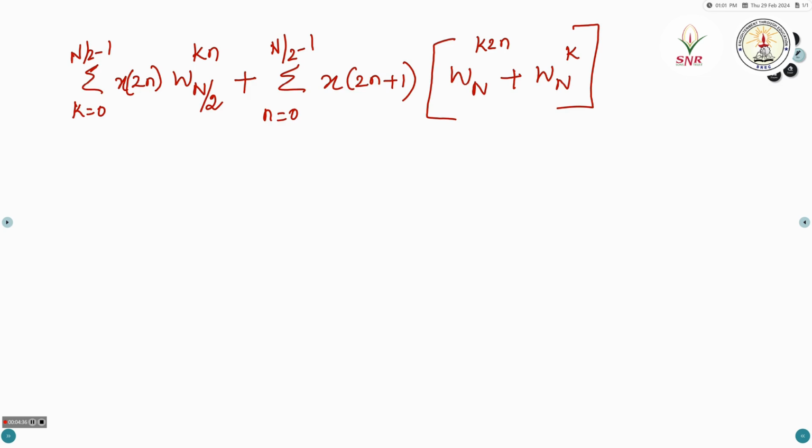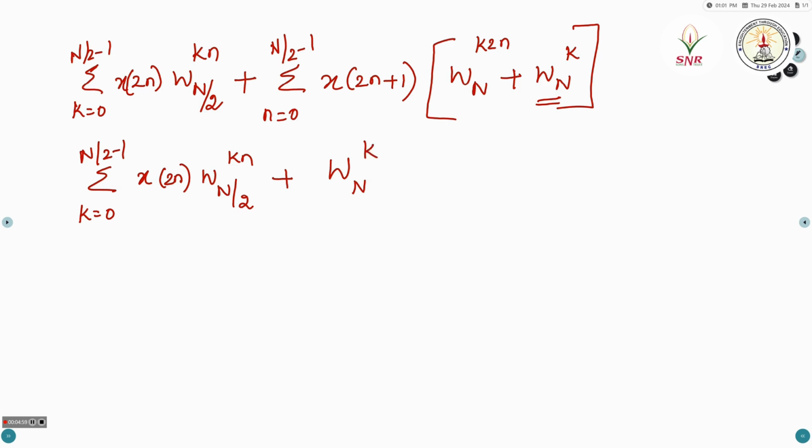Now it becomes summation, this term will be the same, n equals 0 to N by 2 minus 1 x(2n) W_(N/2)^(kn) plus, taking the term without n as a constant, I am bringing it outside.